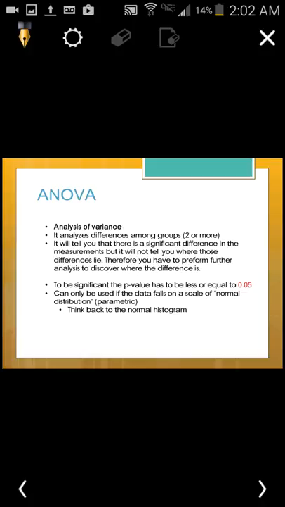To be significant, the p-value has to be less than or equal to 0.05. It can only be used if the data falls on a scale of normal distribution. That's one of the assumptions of parametric tests. Think back to the normal histogram.